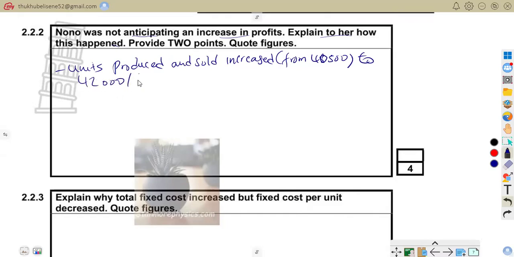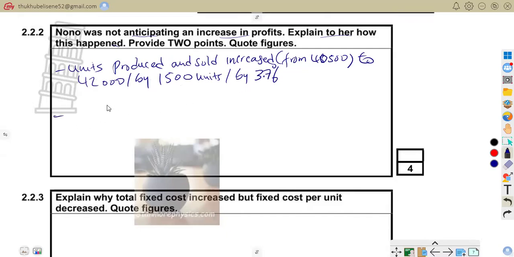That is by 1,500 units, which is 3.7%. That is what I have said.